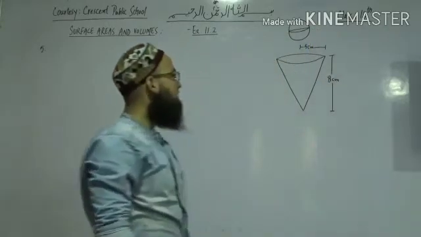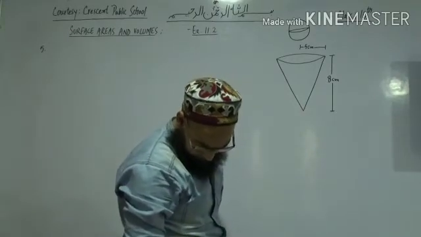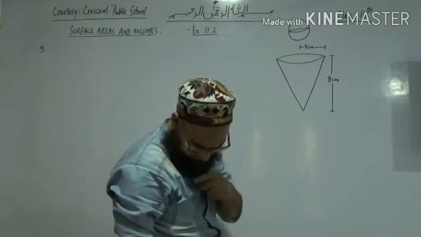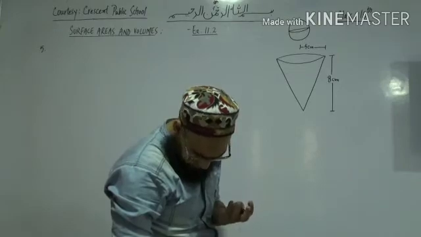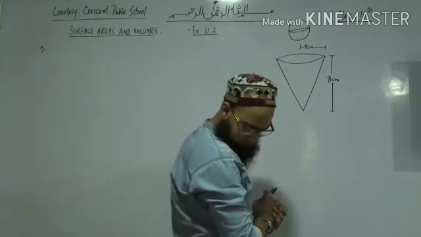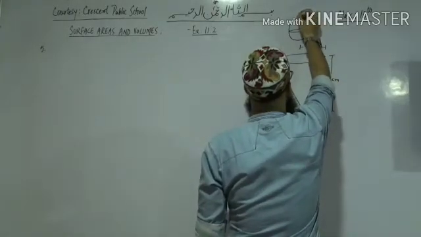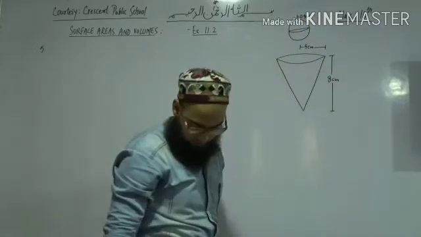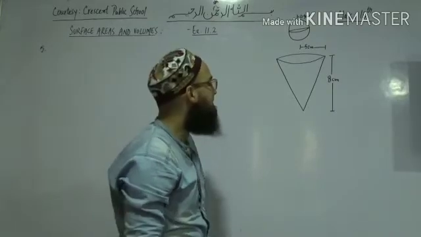Lead shot, each of which is a sphere of radius 0.5 centimeter. So radius here is 0.5 centimeter. This is the radius of the sphere. Drop it into the vessel, and 1/4 of the water flows out.